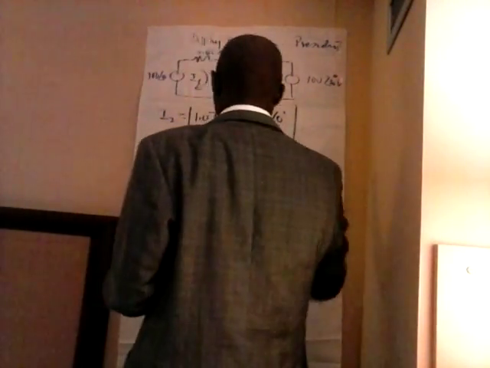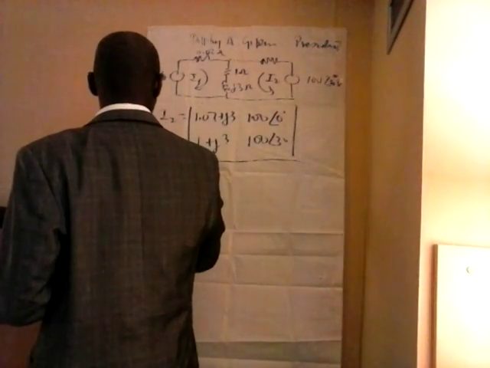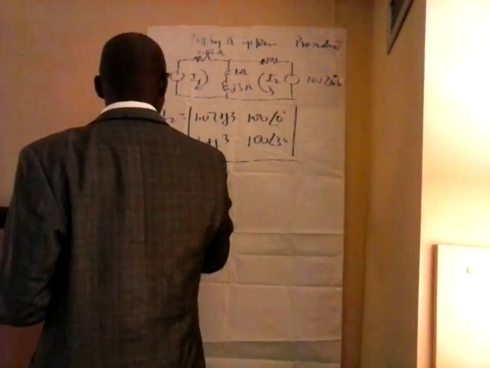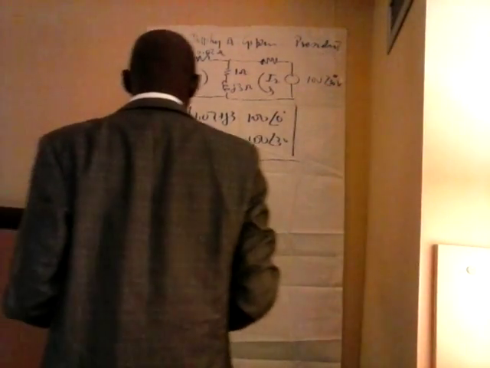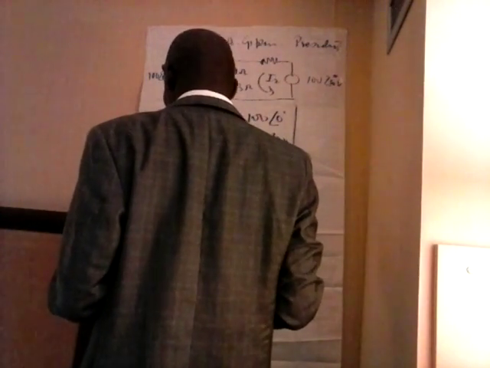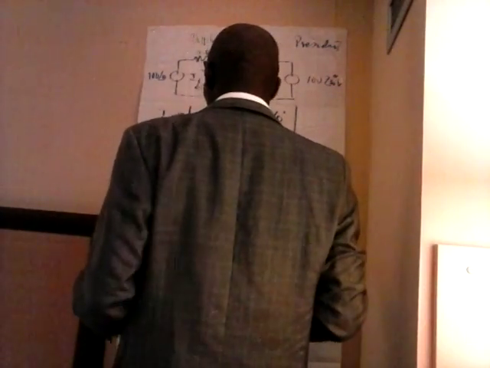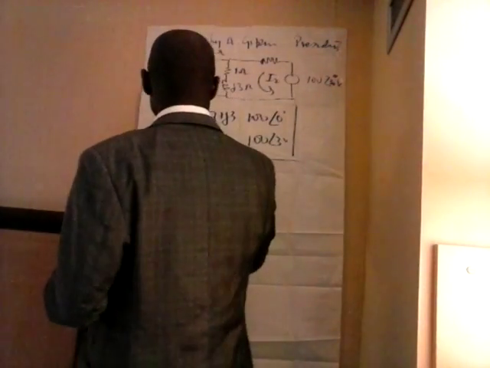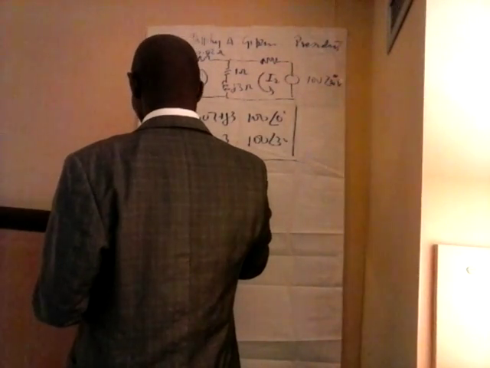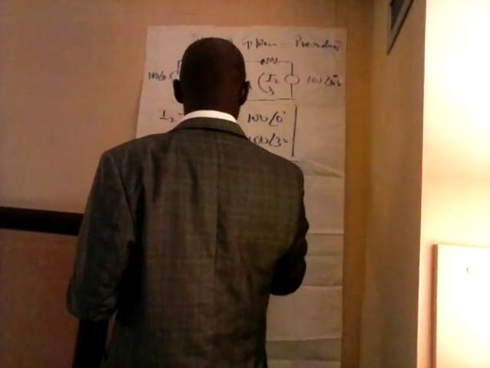over del. We were using delta, but now we're using a del for a reason that is to come. The del is used for the divergence and the curl and all of that, whereas delta is used for small increments. So I've changed over to del, and so del is now 0.127 angle 71.4.